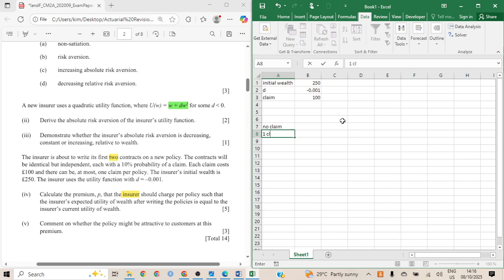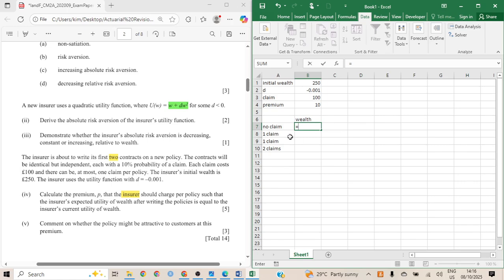The second scenario is 1 claim on one of the contracts. The third scenario is 1 claim on the other contract, and then the fourth scenario is 2 claims, a claim on both contracts. So we get the wealth. Before that, we have to guess a premium. This is just a guess. You can guess any number, so I'll just guess 10.